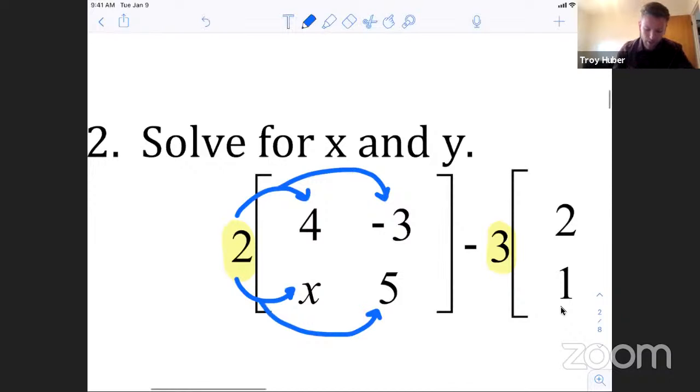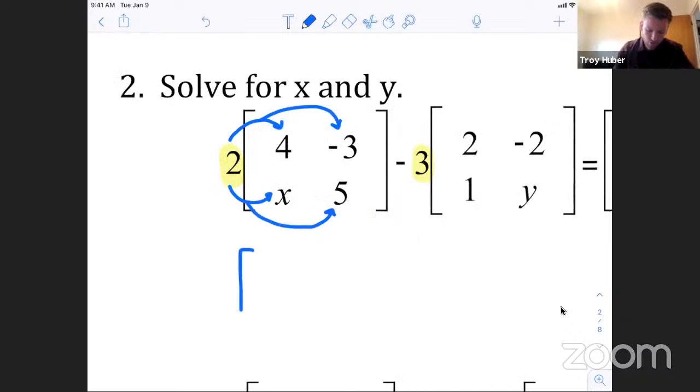Okay, so I'm going to rewrite this matrix, distributing that multiplied by 2. So 2 times 4 is 8. 2 times -3 is -6. 2 times x is 2x. 2 times 5 is 10.